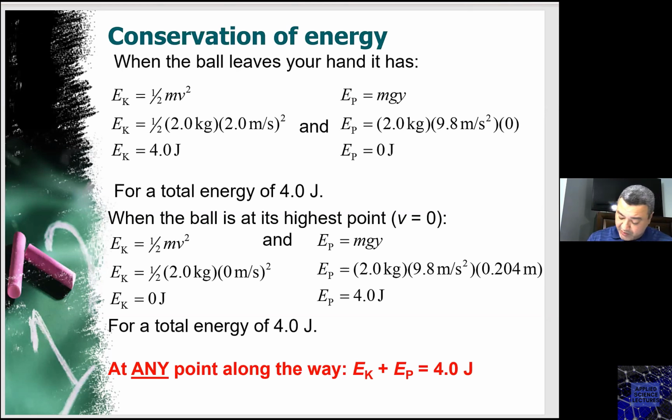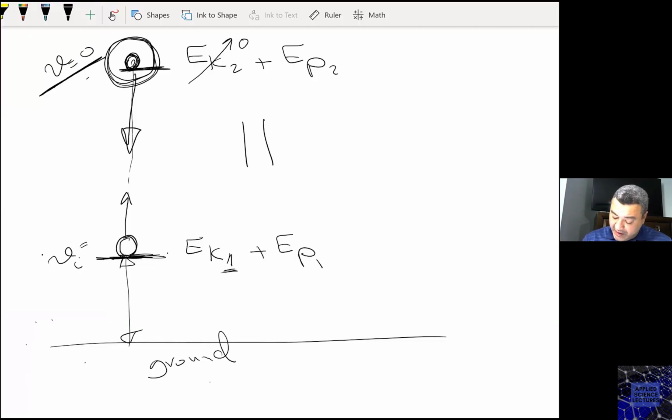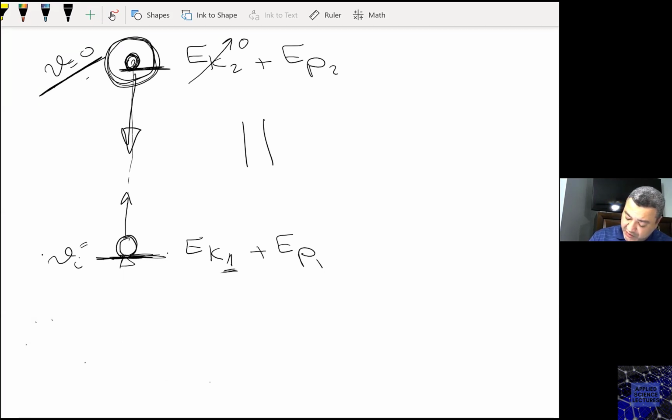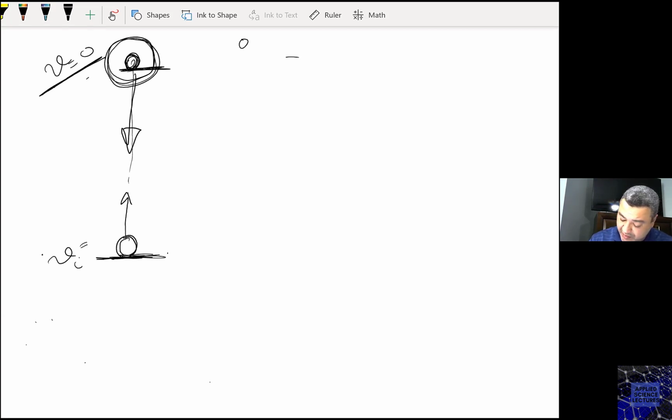So let's go back to the example that we started here. Here in this example, where I throw the ball, I will be assuming that this is my y equals 0. So let me erase this and we'll start. So here, this is y equals 0. This is my reference point.